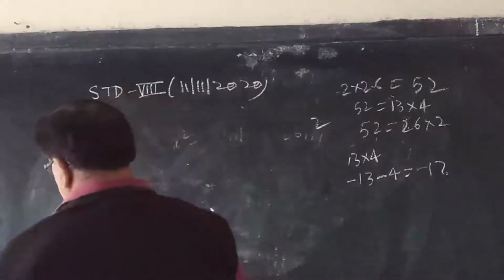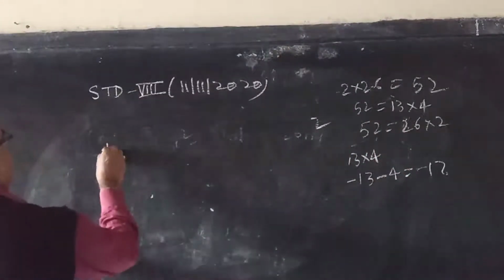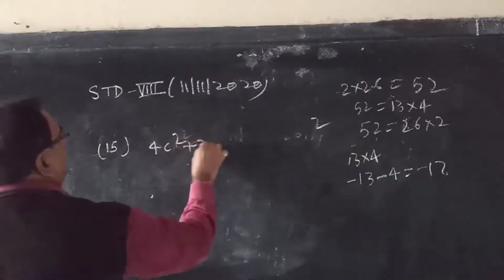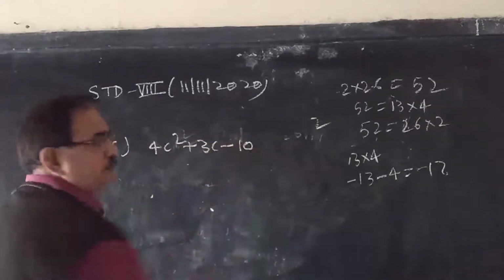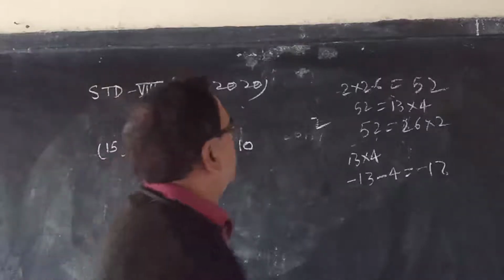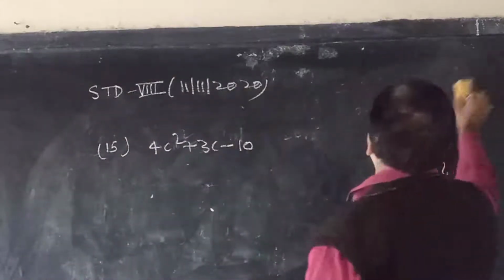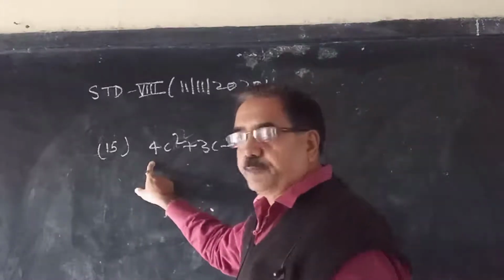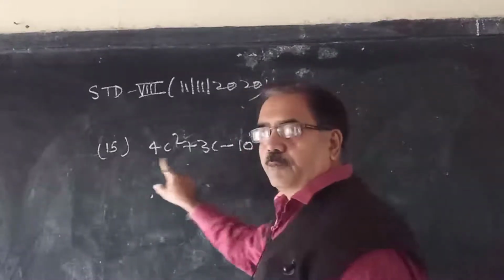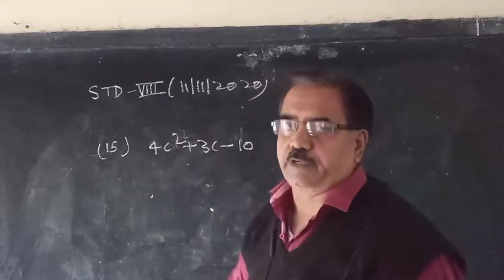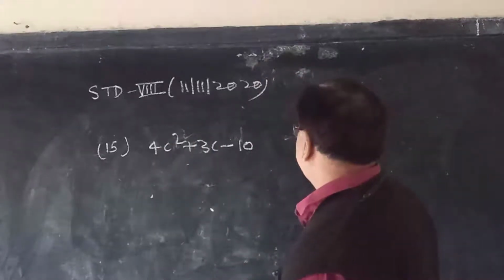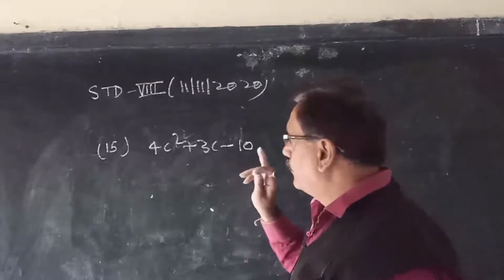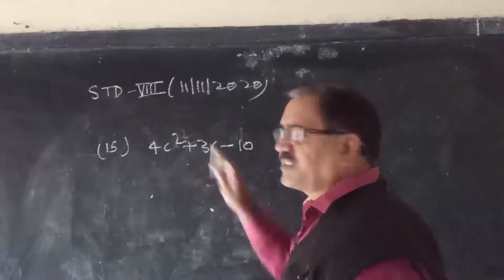Question number 15. 4c squared plus 3c minus 10. So coefficient of c squared is 4, constant term is 10. So 4 into 10 means 40. Now we have to select several products, but we will select only those which after plus or minus should be plus 3.